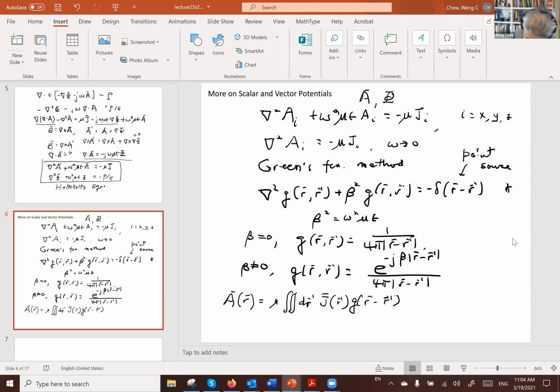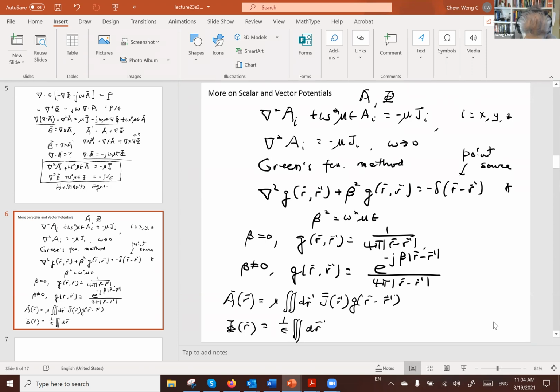And then the scalar potential would also be equal to the convolution of the Green's function, because for the scalar potential part, I will have 1 over epsilon on the right-hand side times rho, whereas for the vector potential part, I have mu times J. So it will be a very similar convolution, okay? Instead, you put a source here. Voila, we have found the solution to these two complicated equations: one for the vector potential, and one for the scalar potential.